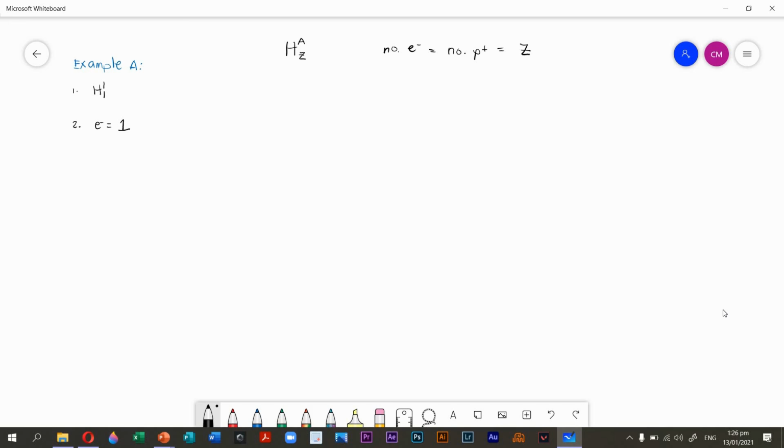I hope you don't have any confusions yet, because this is a very simple example. The third part of our operation, let me encircle it so you won't be confused. For the third part, we are going to write the electronic configuration of hydrogen.